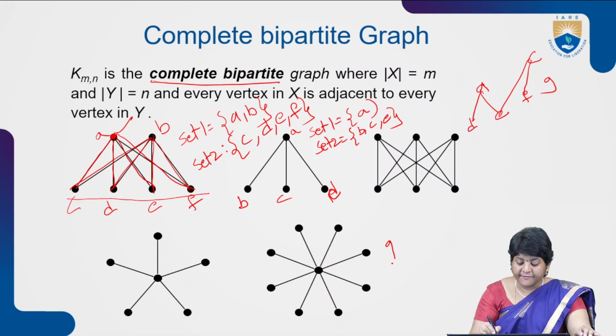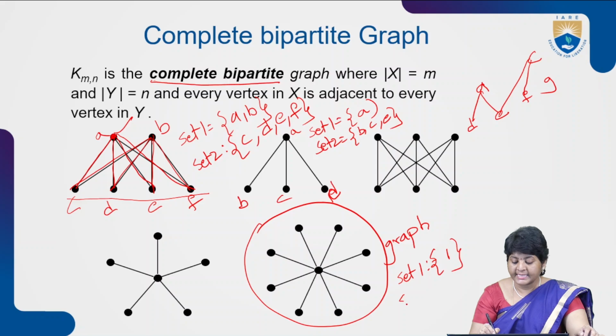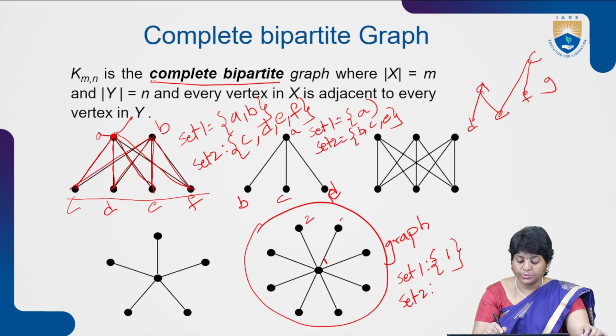When a graph is given, say like this, and they ask to split that graph into 2 sets, then the vertices need to be separated. So here set 1 consists of only one vertex, whereas set 2 contains the rest of the vertices. Assume that this is 1, this is 2, 3, 4, 5, 6, 7, 8, 9.